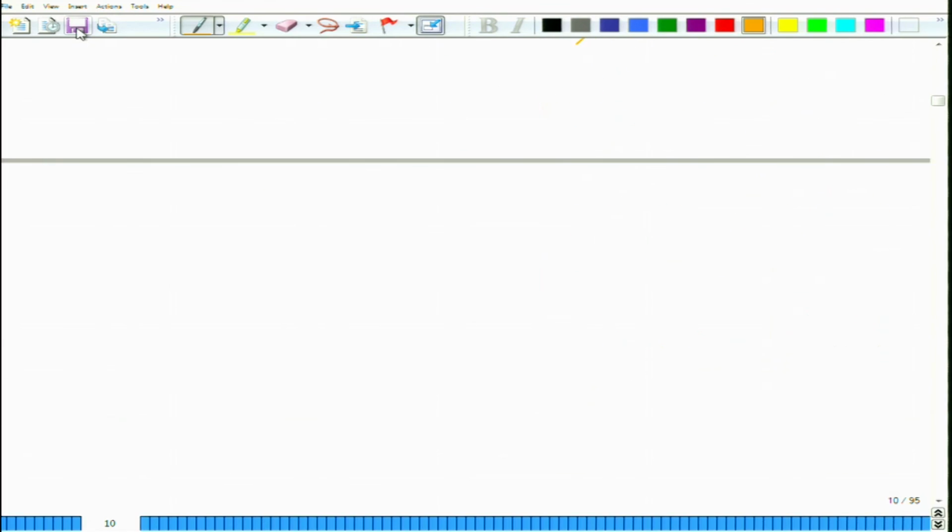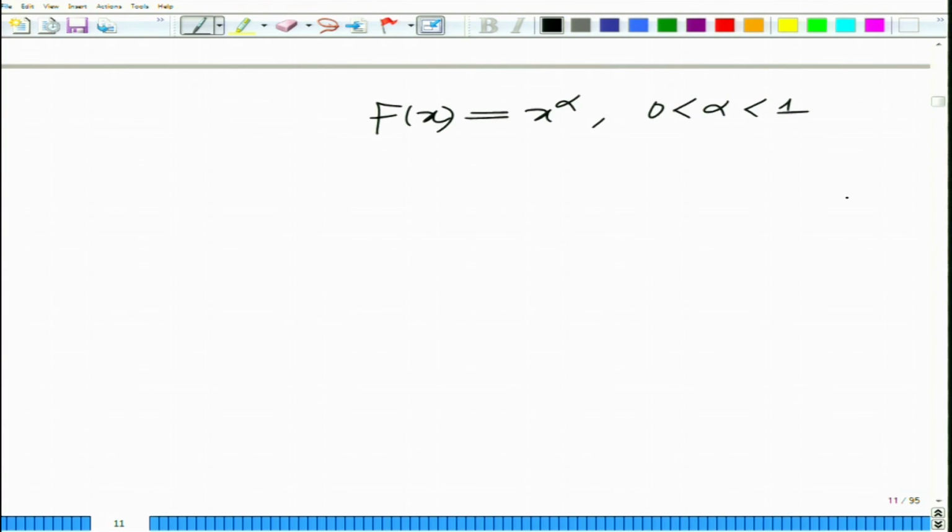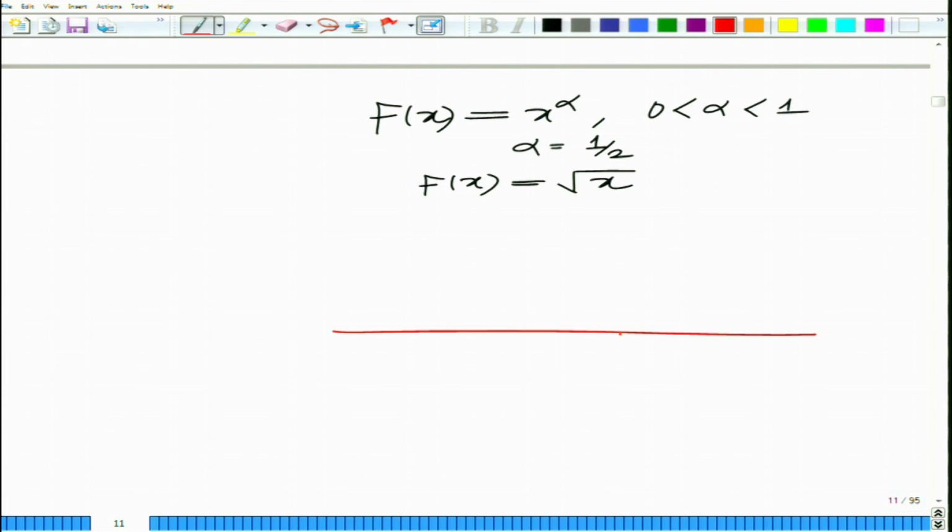concavity. Another important class of concave functions is f of x equals x power alpha for 0 less than alpha less than 1. Okay. And in fact, for example, let us take alpha equal to half, we have f of x equals square root of x, and naturally this is defined only for x greater than or equal to 0, correct.